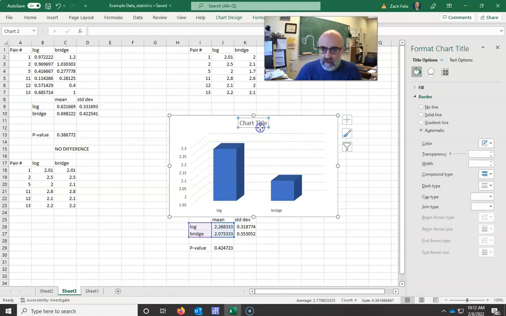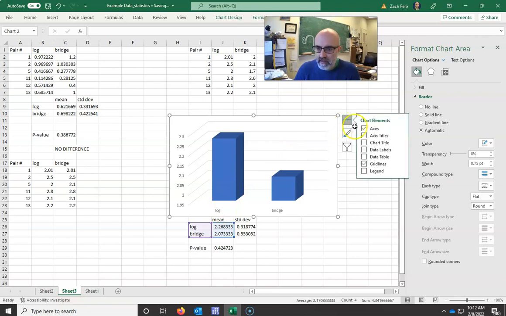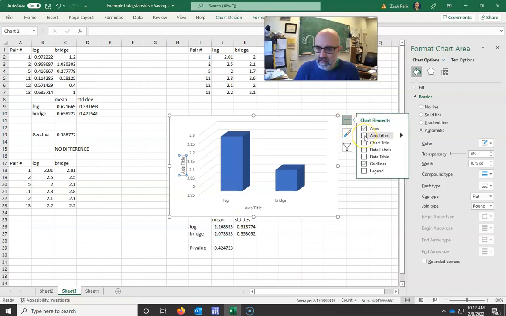Chart title, I would not put your title on here. You're going to write a figure that goes underneath this. And watch when you delete this. It stretches the whole chart, and you can see the patterns better. I think that the space is better used there. Over here, I would add axis titles, right?